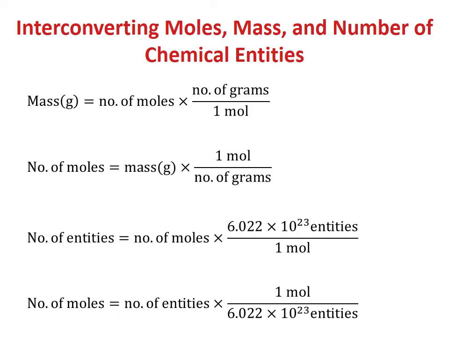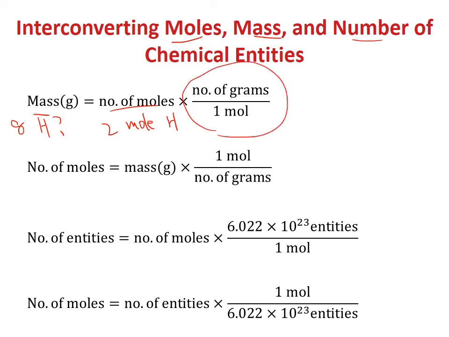Here shows how to interconvert between moles, mass, and the number of chemical entities. Suppose we have a number of moles. How do we convert to mass? So we have 2 moles of hydrogen atom. The question is how many grams of hydrogen atom? We use molar mass as a conversion factor.